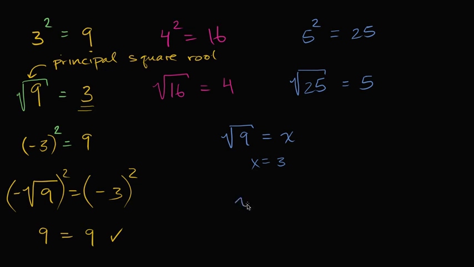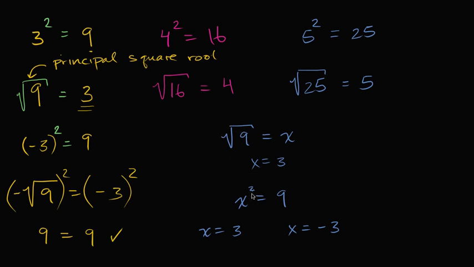Now, if I were to write x squared is equal to 9, this is slightly different. x equals 3 definitely satisfies this, but the other x that satisfies this could also be negative 3, because negative 3 squared is also equal to 9.